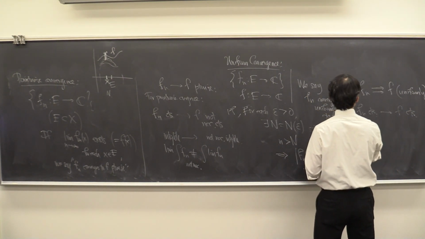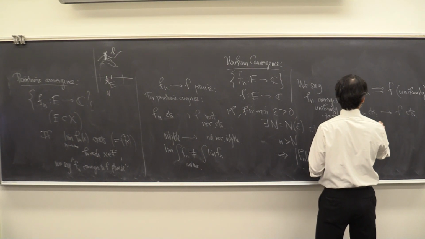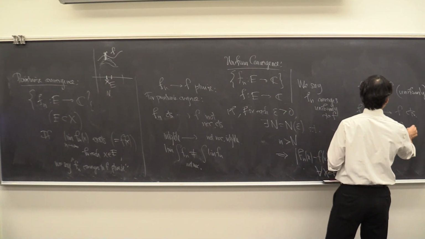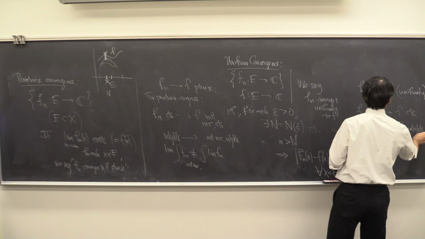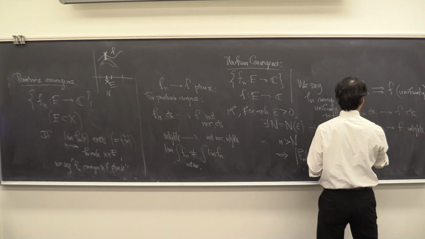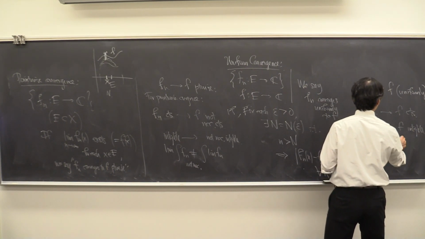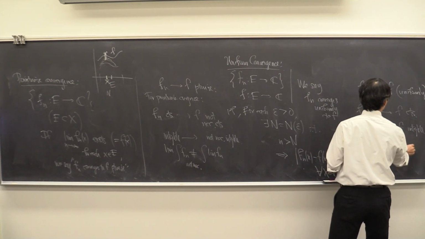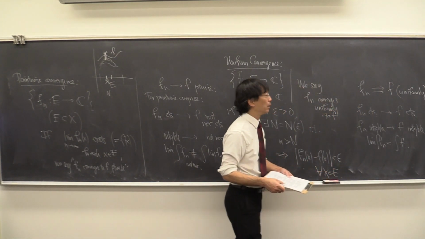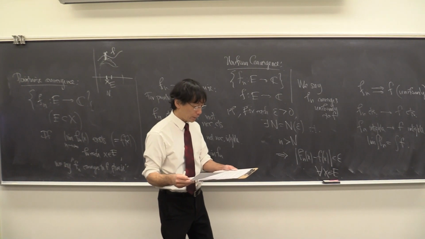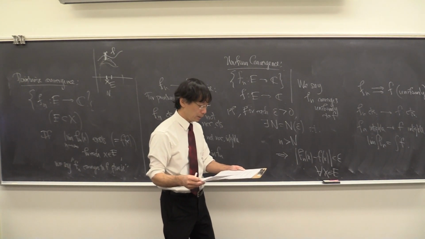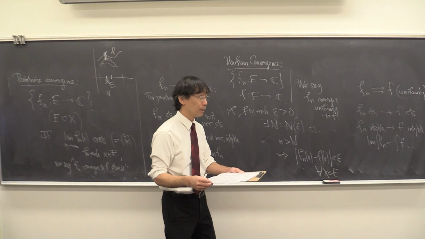If the f sub n are integrable, then f is going to be integrable. And the limit of the integrals is going to be the integral of f, right? The integral of the limit. Yeah. So there are some nice qualities. Okay.